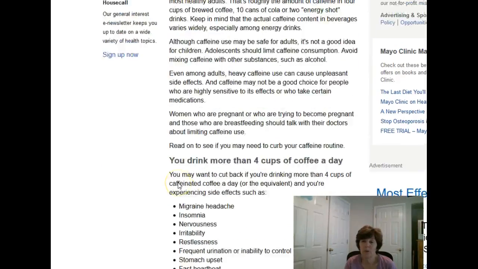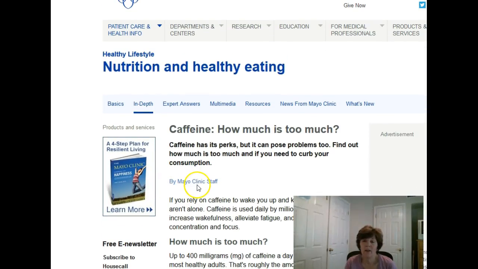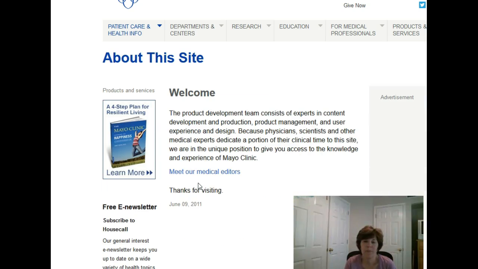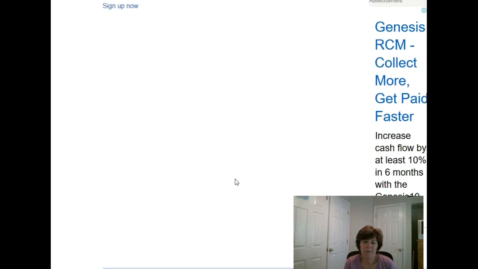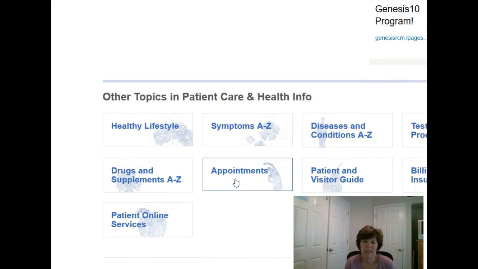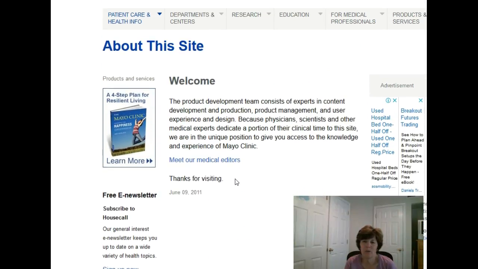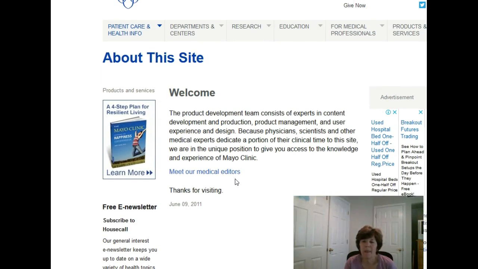Also, if you're not sure about the author, and this one had the Mayo Clinic staff, which I'm kind of ambivalent about because there's an editorial board, but the editorial board does have authors that have very strong credentials.